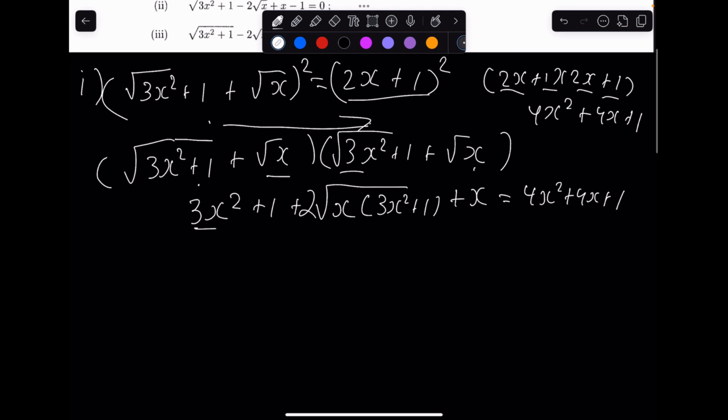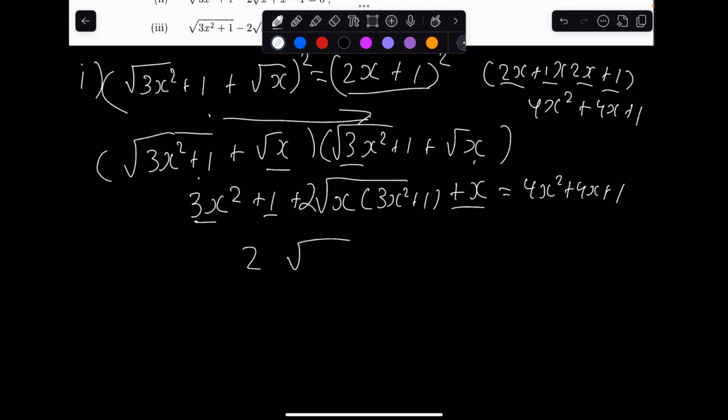Now let's bring these terms to the other side. So we have 2 root x times root 3x squared plus 1, and all of that equals 4x squared. Take this to the other side, so minus 3x squared is x squared, and the 1 and the 1 cancel.